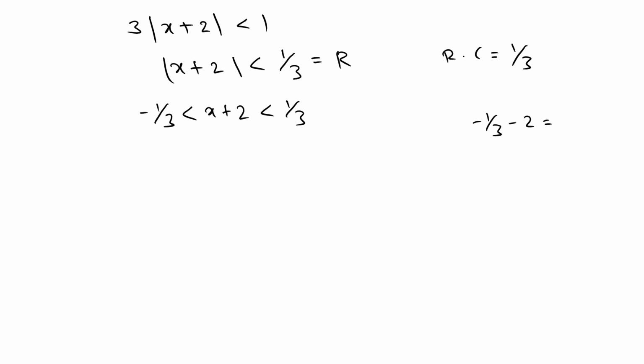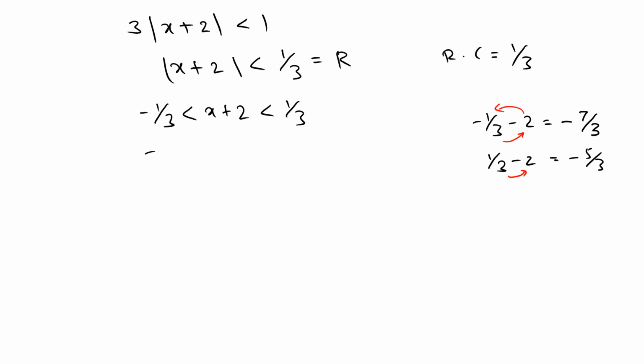Take the common denominator, which is 3, so we multiply these two and add that. That means you're going to get negative 7/3. The other one is 1/3 minus 2. The same thing, we multiply these two, but now you add, because it's two different signs. So you're going to get negative 5/3. Those are the two numbers you get.